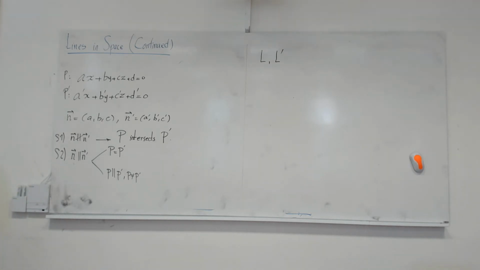Either they are overlapping completely, or they do not have any common points but they lie on the same plane, so in that case they are parallel, or they do not have an intersection point but they cannot lie in the same plane, so they are skew. And then on the other hand, they might intersect, so there are four scenarios. How can you recognize which one is which if I give you two random lines by their equation?